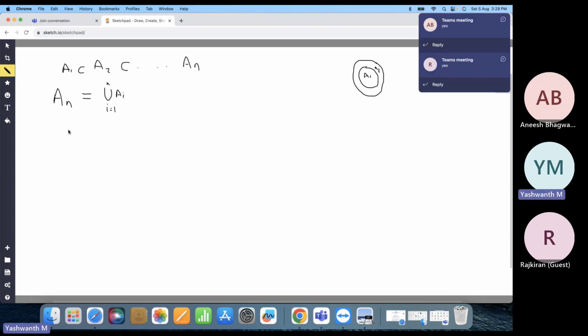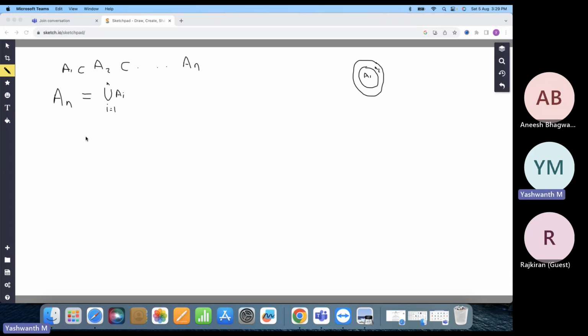So now, the probability of An is equal to the probability of the union of Ai, i equal to 1 to n.